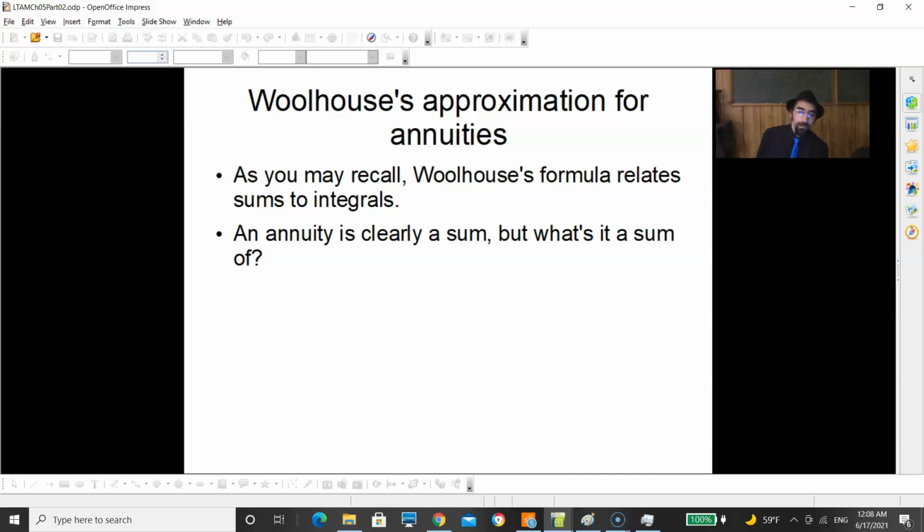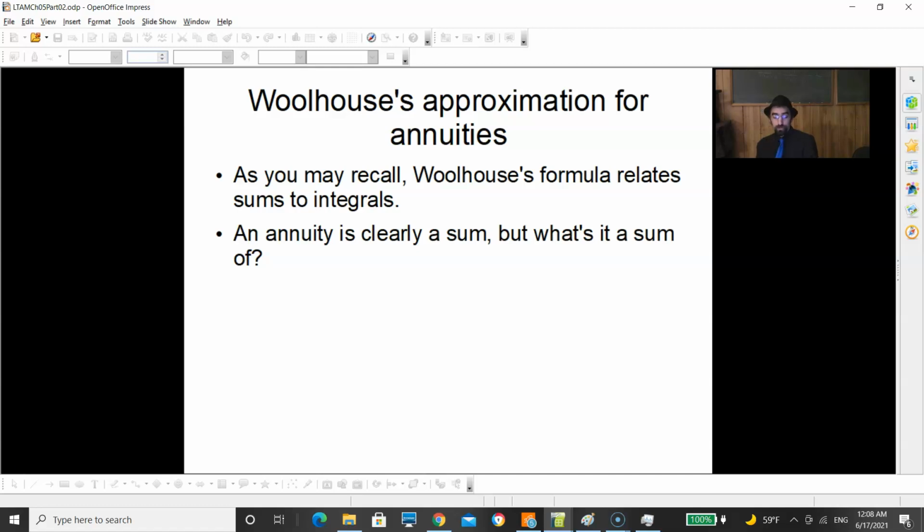The next big idea is Woolhouse's approximation. Now, when I introduced Woolhouse's approximation for survival as that supplement to the Chapter 2 video, I said that we'd be bringing it up again around here, so here I am bringing it up again. And this is usually where it gets introduced. As you may recall, Woolhouse's formula relates sums to integrals.